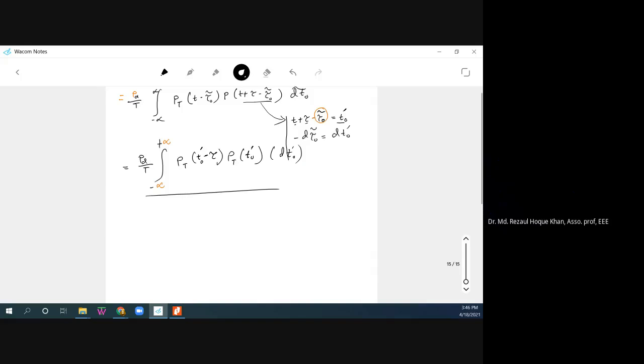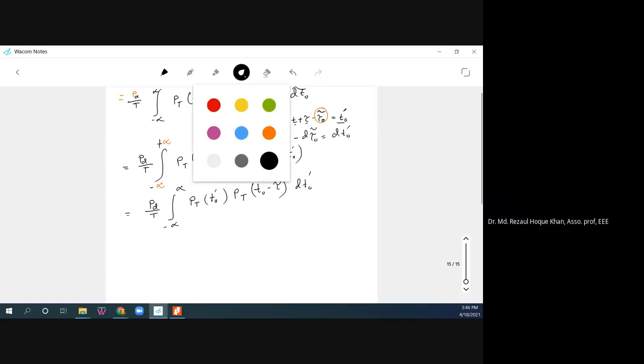Let's write it nicely: P_d by T, minus infinity to plus infinity, p(t0 prime) p(t0 prime minus tau) dt0 prime.